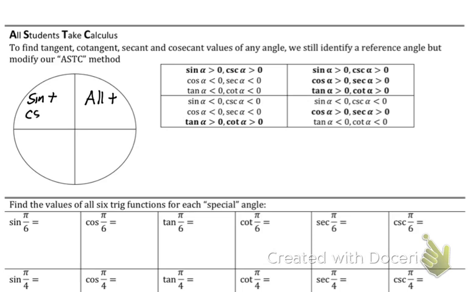So that means cosecant is also positive. All students take. Tangent is going to be positive in my next quadrant, which means cotangent is going to be positive. And finally, calculus is cosine is going to be positive, and so is secant. Secant will also be positive.